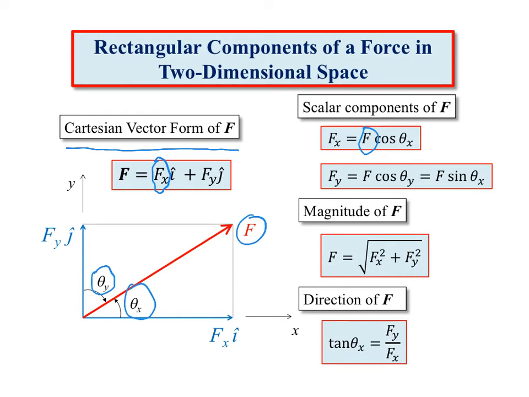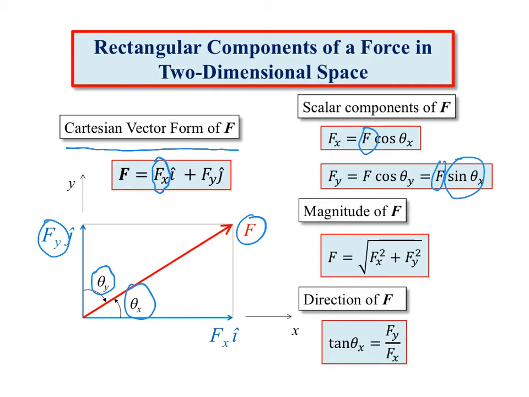Similarly, we can define a scalar component in the y direction. That's the total magnitude of F times the cosine of the angle the line of action makes with the y-axis, theta y. Or conversely, the magnitude of F times the sine of the angle theta x. Either way, in two dimensions.